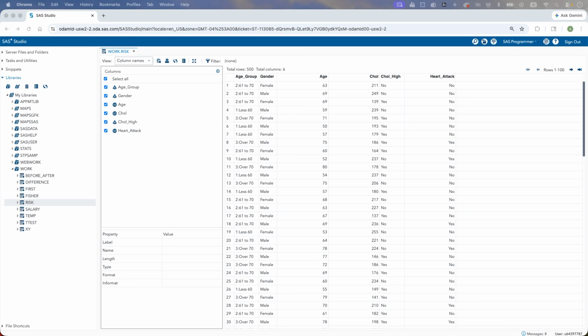What is the odds ratio? The odds ratio is 0.12 divided by 0.1, which is about 1.2. What does this mean? It means people with high cholesterol are 1.2 times more likely to have a heart attack than people with normal cholesterol, which is about a 20% increase in risk, right?